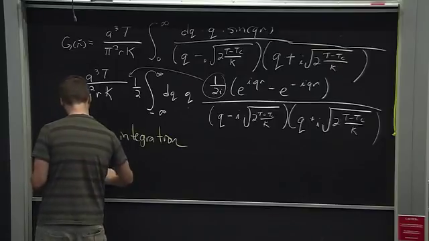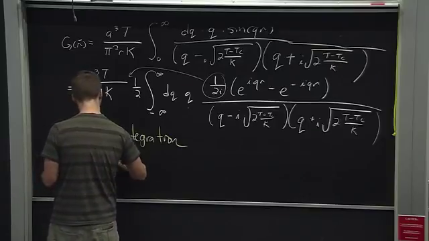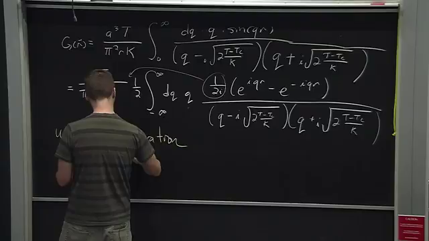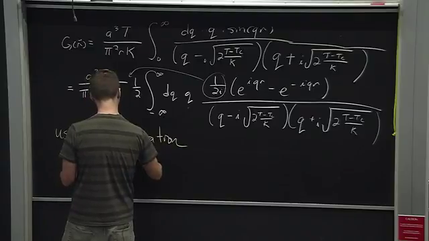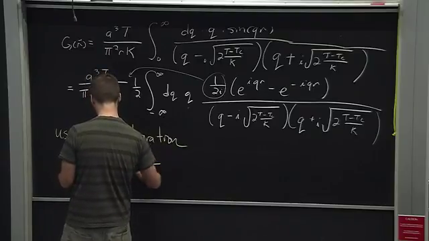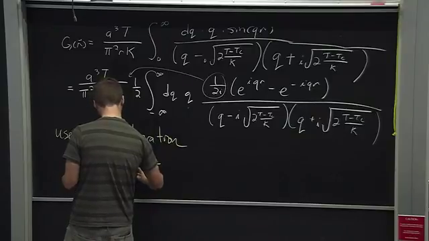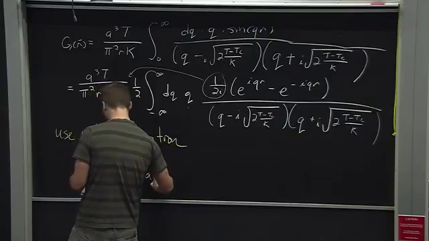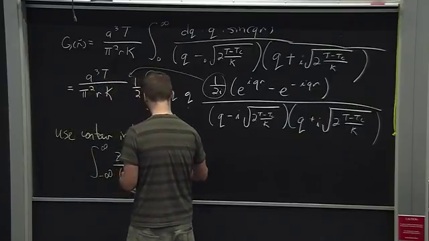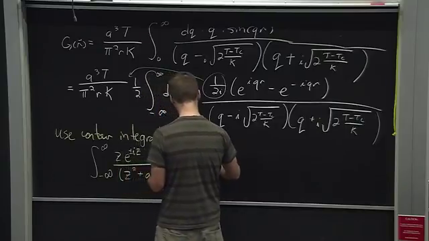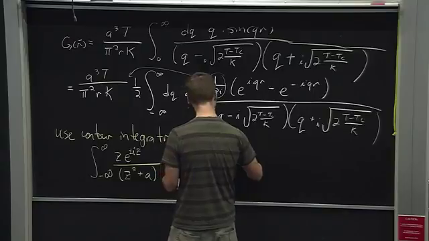So then, I'll do plus or minus i z over z squared plus a squared, which is just plus or minus i pi e to the minus root a.